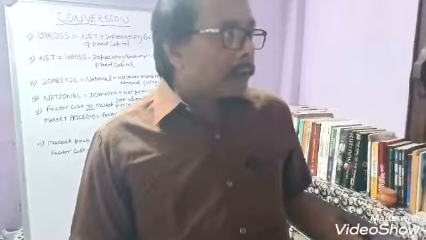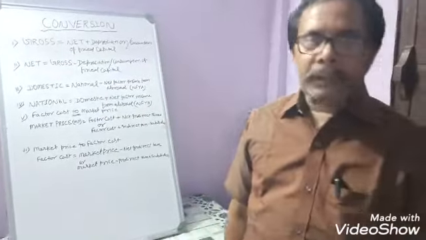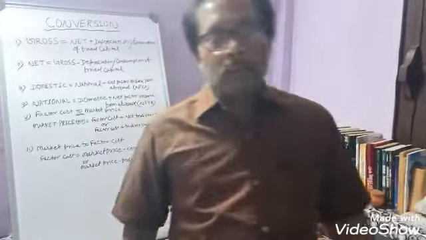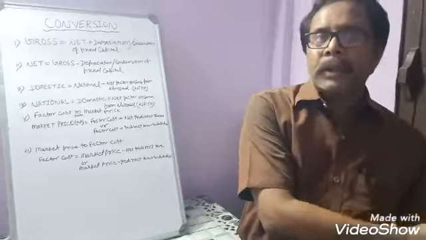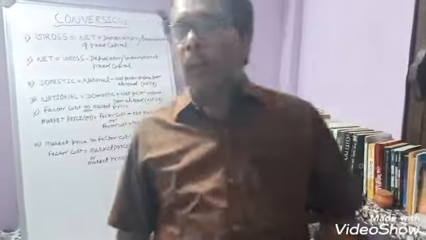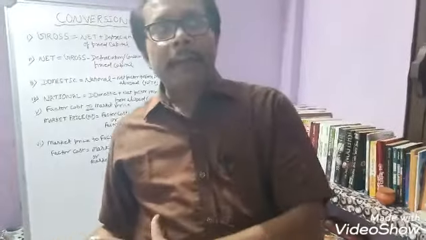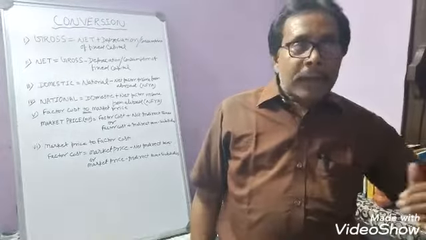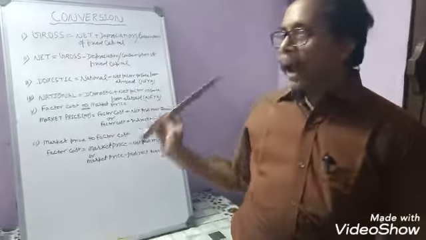I didn't do any kind of work, but I got 100 rupees, so it is a part of transfer income. The money which was in the hand of my parents is now present in my own hand.